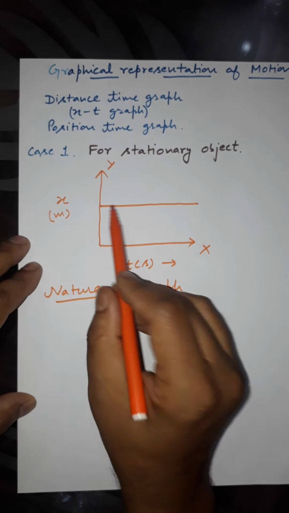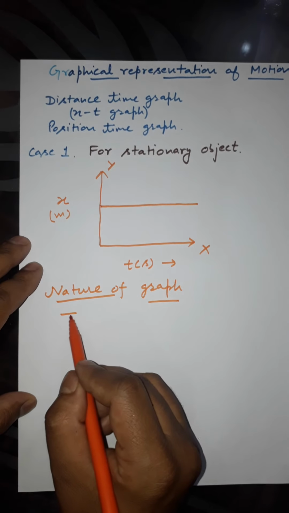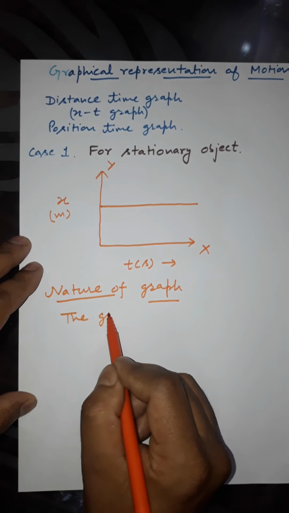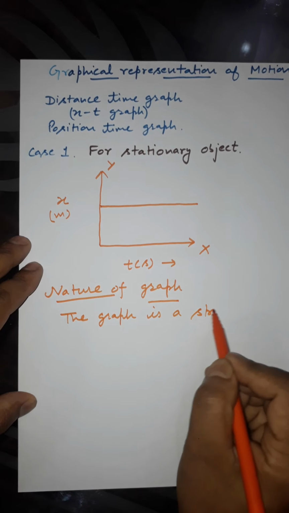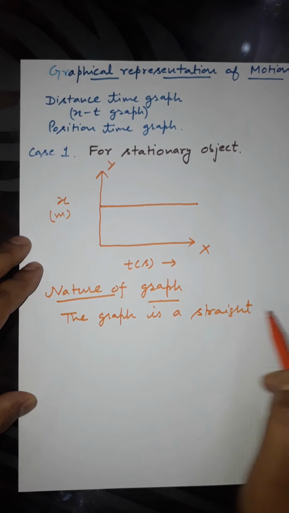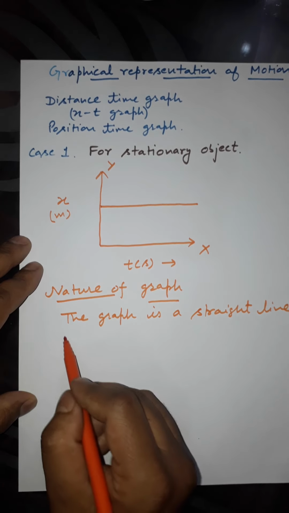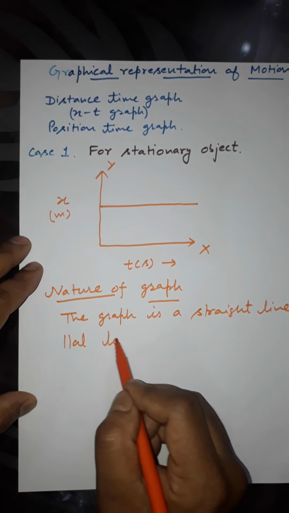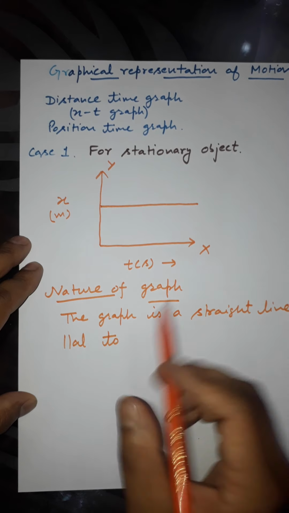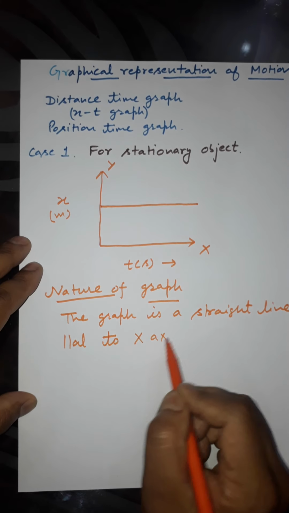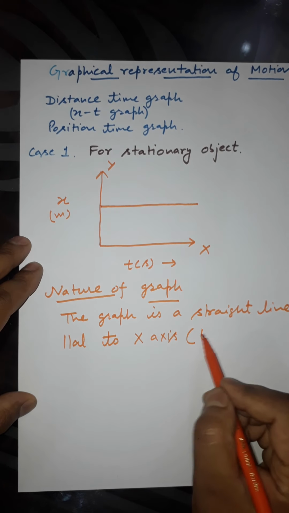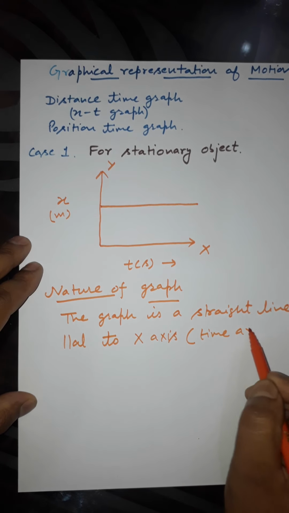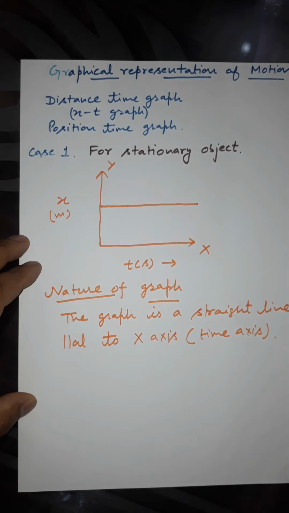You can clearly say that the graph is a straight line parallel to, either you can say x-axis, parallel to x-axis, or it is also known as time axis because time is taken along x-axis.